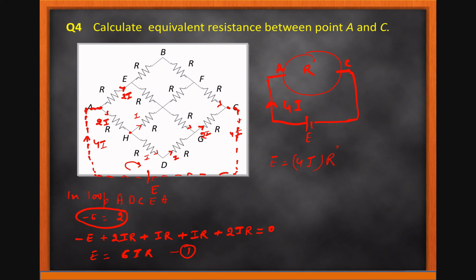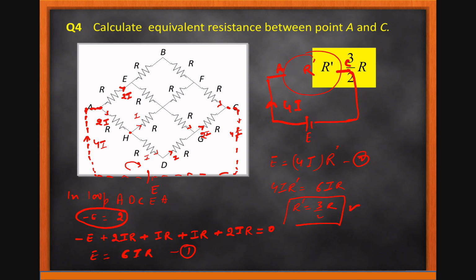So by equations 1 and 2, if we compare, 4I R dash is equal to 6I R. So R dash should be equal to 3 by 2 R. So net resistance of this circuit is 3 by 2 R. This is another way of solving such types of circuits. You can see one more method in previous lectures also.